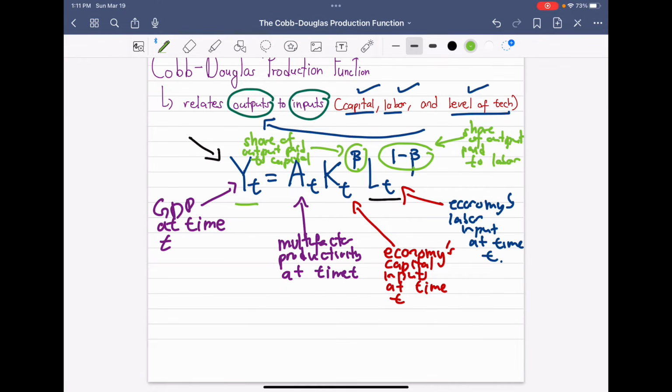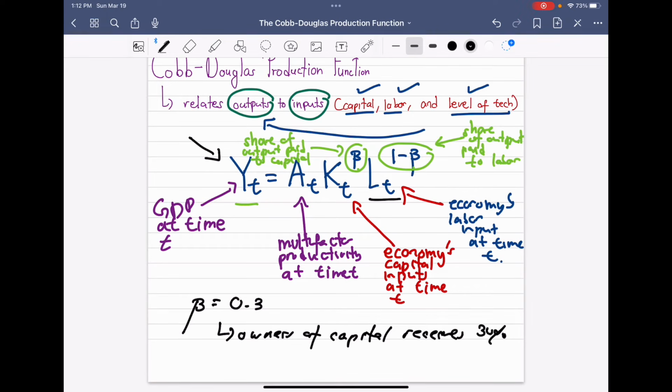I'm going to first explain what beta and 1 minus beta mean concretely. Let's say beta is 0.3. That means owners of capital receive 30% of output, and owners of labor, which are the people themselves, right?